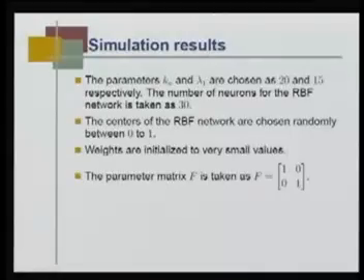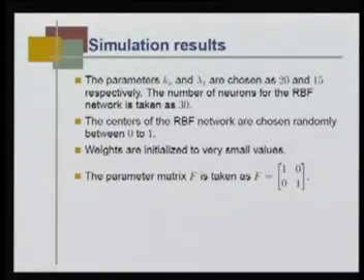The center has dimensionality 2 by 1, and each value is randomly assigned between 0 and 1. The weights are initialized to very small values to approximate f x, and the parameter matrix F is taken as the identity matrix.